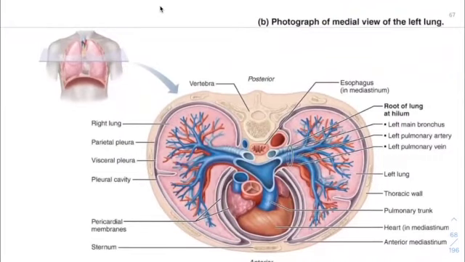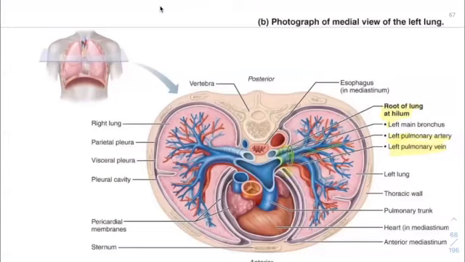Here's another view, a superior view. Again, you see the aorta over here. You see all these pulmonary arteries and veins on that left side, where they're labeled. That's all at the root of the hilum, because that is all what you see going into that specific lung.